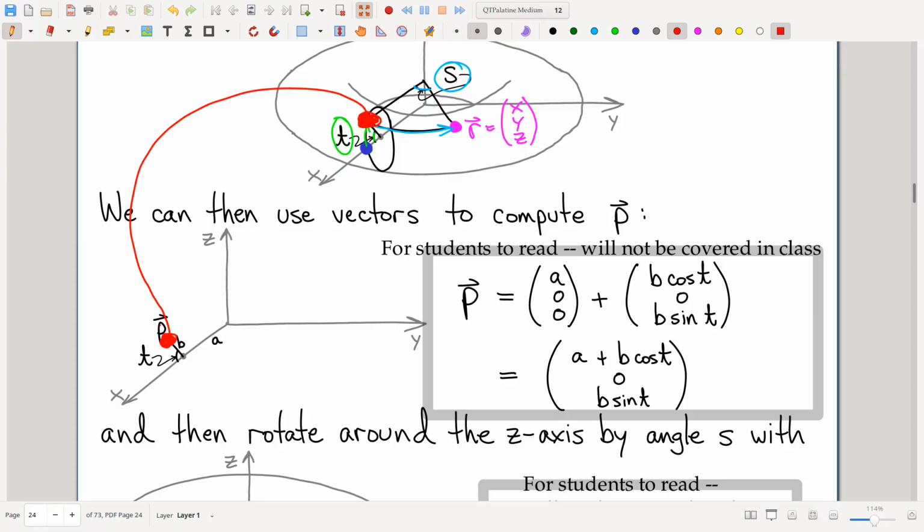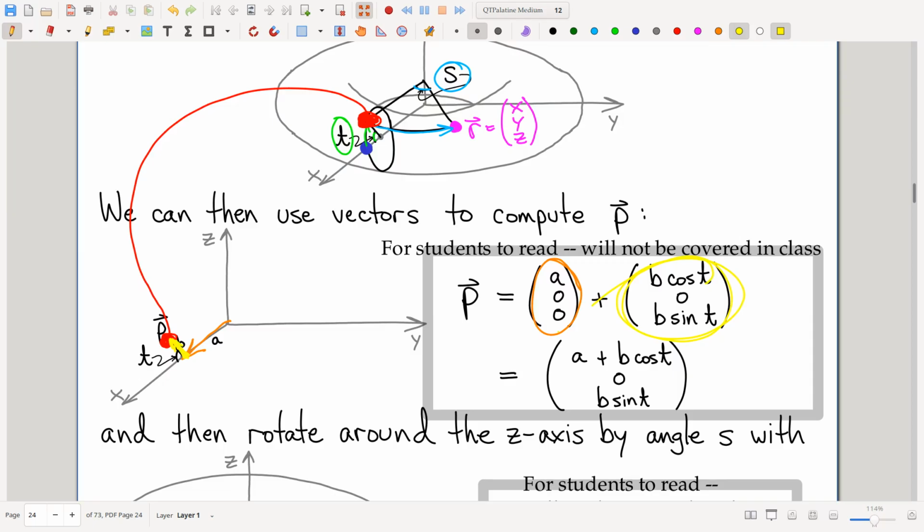And I'm going to argue that it is the sum of that vector there in orange plus, oh golly, color choices, do I have to use yellow? Okay, this vector here actually shows up reasonably well. That vector there, which is this.